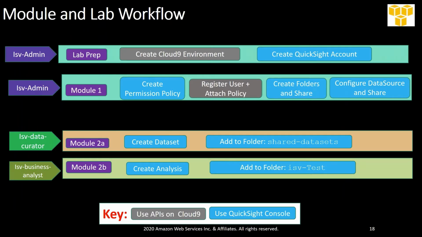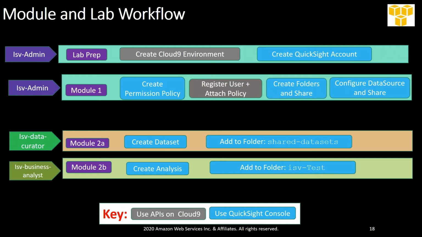So let's talk about how the labs are going to flow. Now that we have our resources and the users created, we are going to assume the various personas and start to execute our labs. The very first step is going to be preparing our environment for executing the rest of the labs.